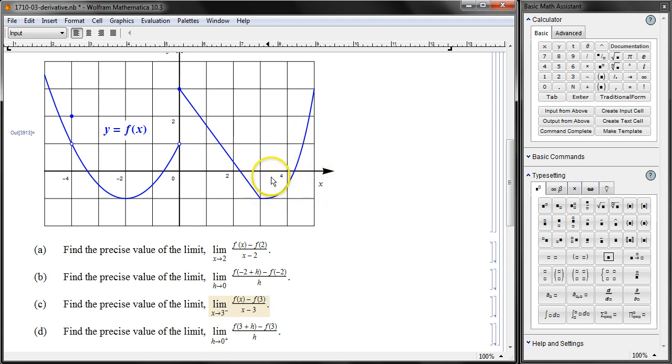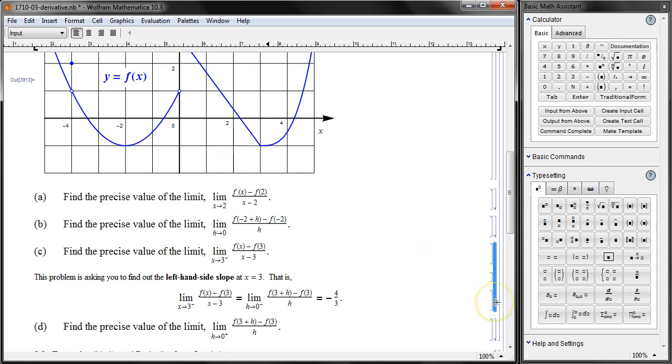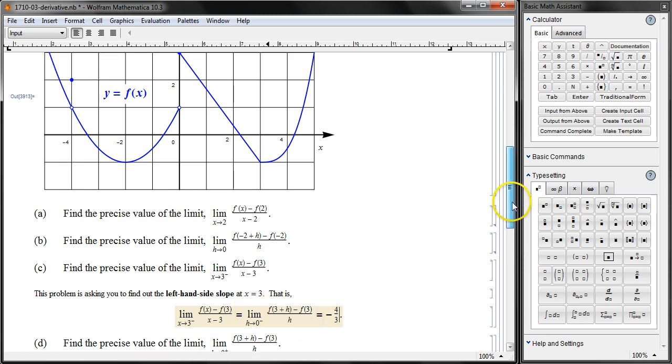Forget about this right hand side and go left hand side, this only. And what's that slope? Slope of this line segment, again, this is negative 4/3. I could have written this problem like this, or through Newton quotient like that. Either way, the answer is slope of that line segment, negative 4/3.